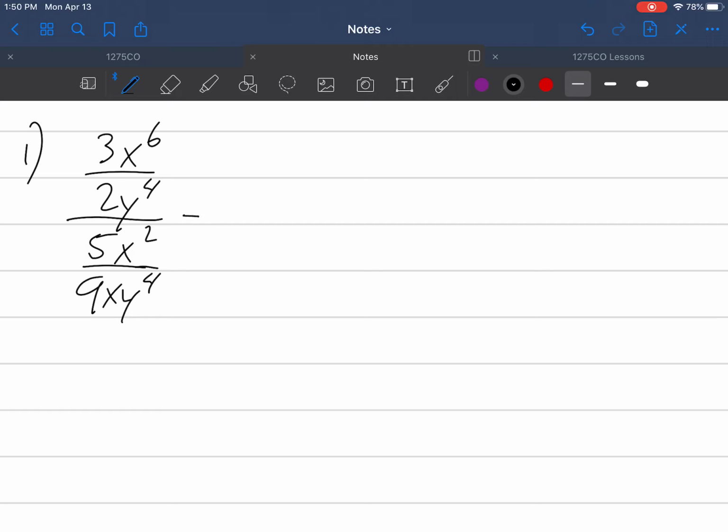So let's start with number 1 here, which says 3x to the 6th over 2y to the 4th. So that is 3x to the 6th power over 2y to the 4th power divided by 5x to the 2nd power over 9xy to the 4th power.